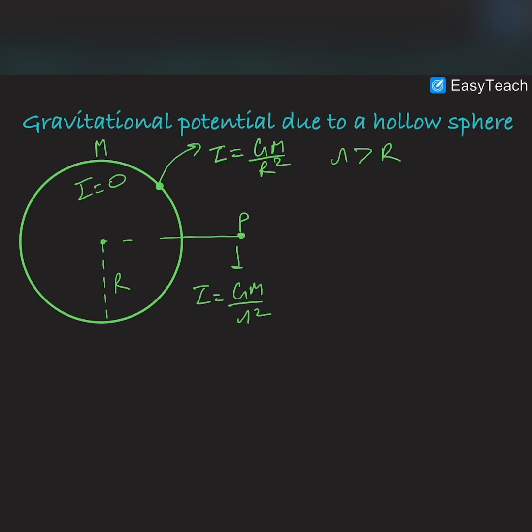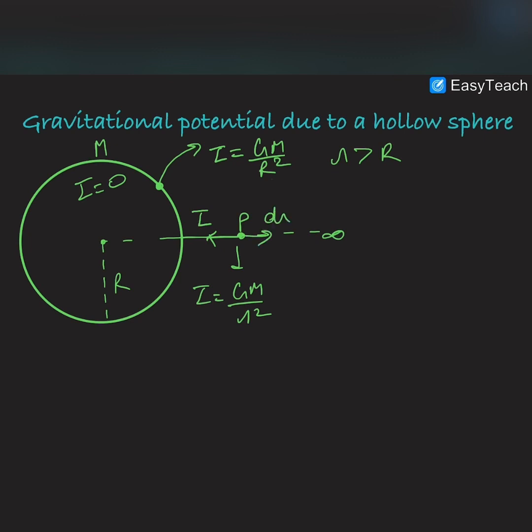So let us see that we are taking this mass from P to infinity. So we are moving in the opposite direction of gravitational field intensity, because gravitational field intensity is pointing towards the sphere and we are moving in this direction.